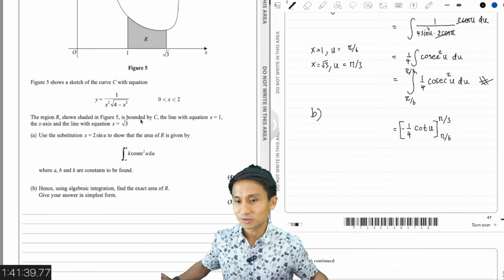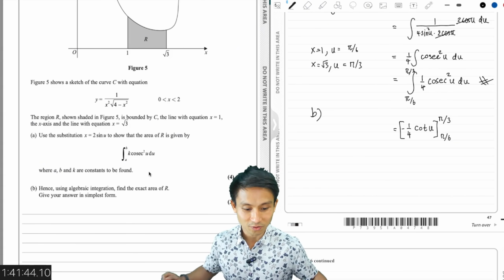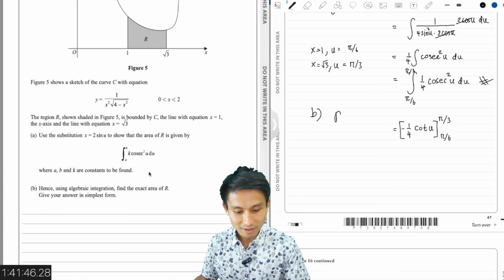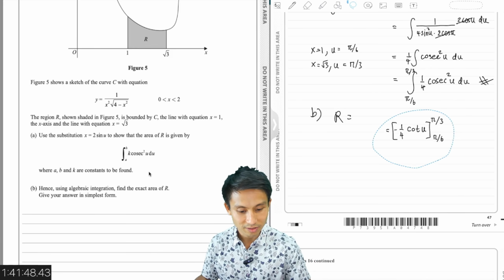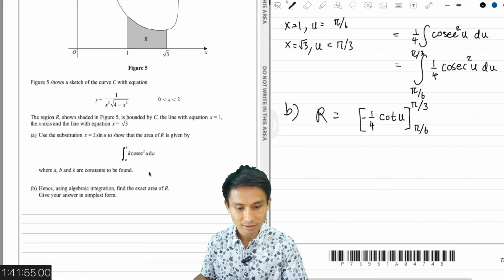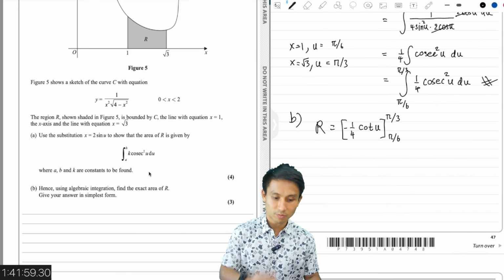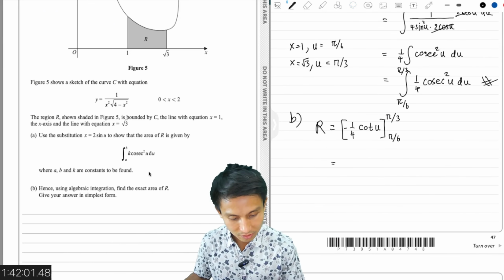Okay? Hence, using algebraic integration, find the exact area of R, giving the answer in simplest form. All right, so R is just going to be put equal to this, right? Okay, so we already got the integration there. So that would be that. Okay, and then we just sub in the bounds, right?